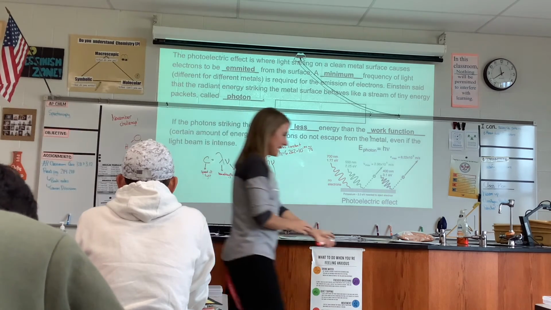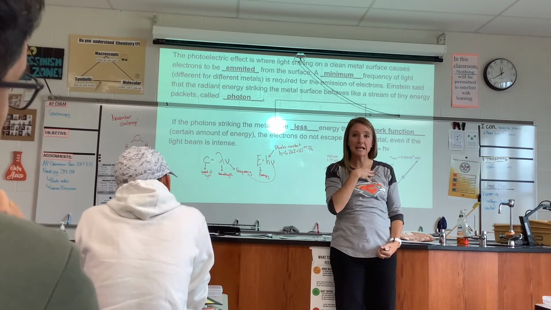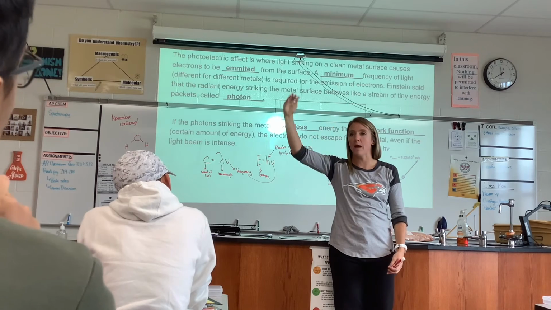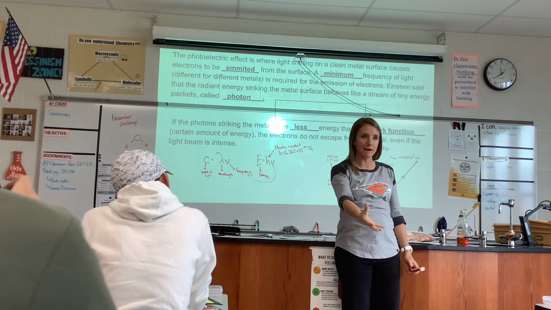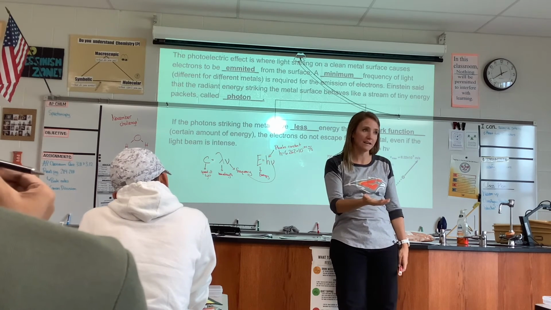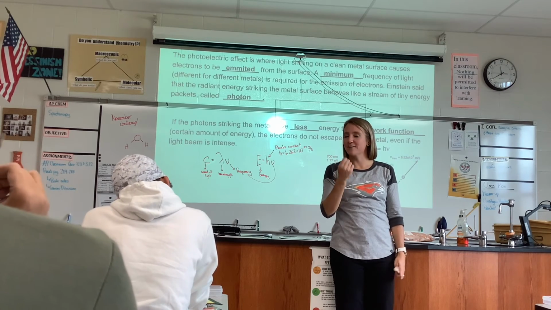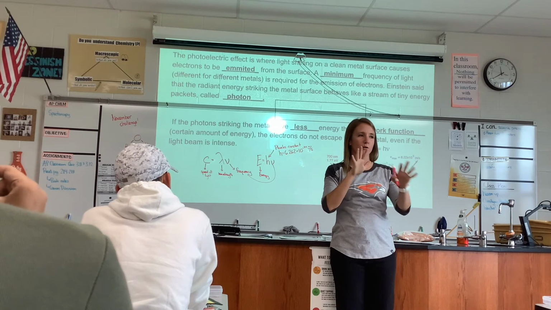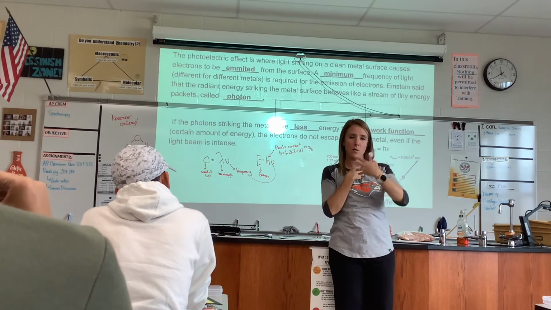Energy and light have this weird relationship where, to us, it behaves continuously like a wave. But if you actually get down to the molecular level, energy behaves as what we call a photon, which is a particle of light.